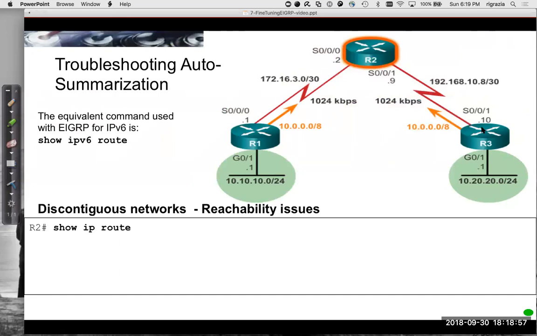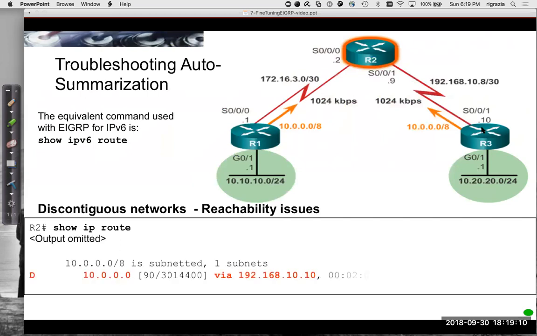Auto summarization is something I would definitely not even use, but something you need to be aware of. If we do show IP route on R2, we see that it sees the 10.0.0.0 network via R1 and R3. This is one of the problems with auto summarization: both R1 and R3 are summarizing the same class A 10.0.0.0/8 network.